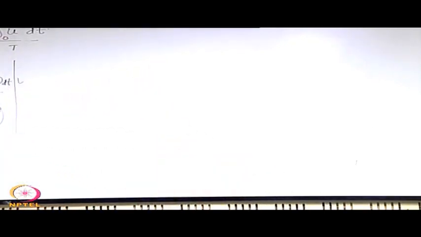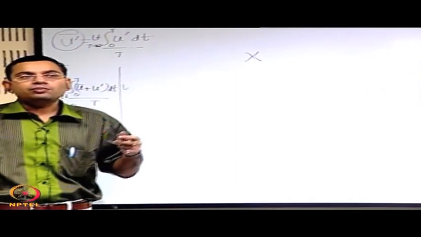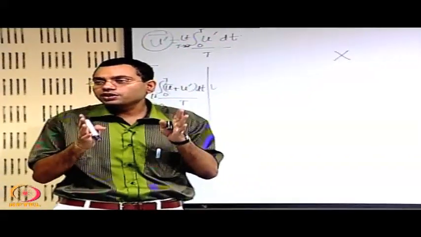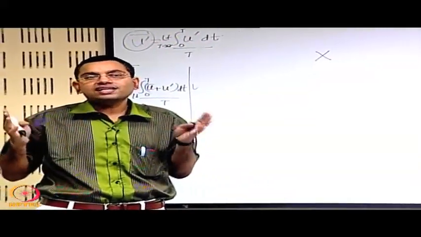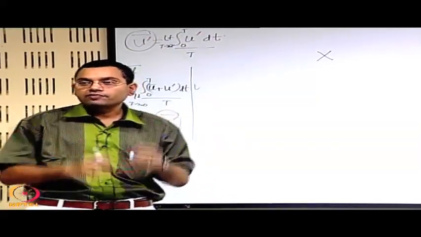Let us say that you have a random variable capital X. So when you have a random variable, what is a random variable? The outcome of a random experiment which depends on chance. So if there is a variable which has its outcome dependent on chance or probability, that is a random variable.